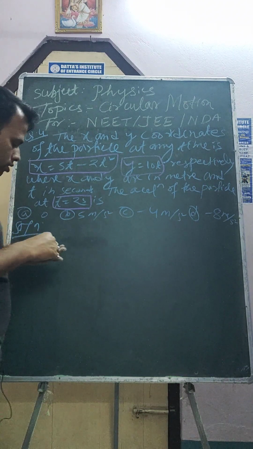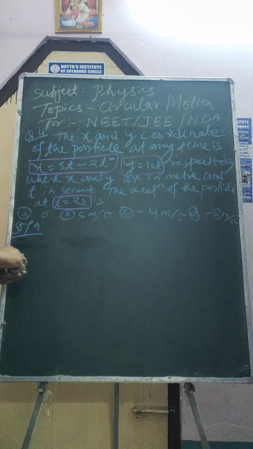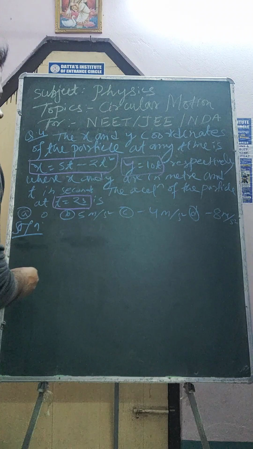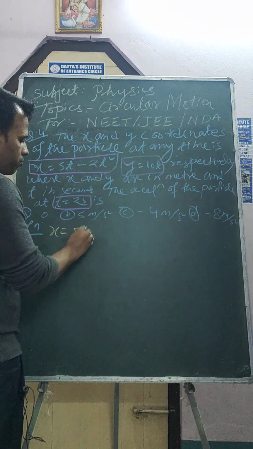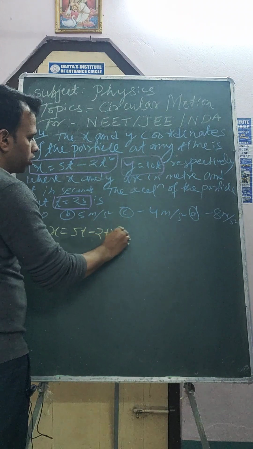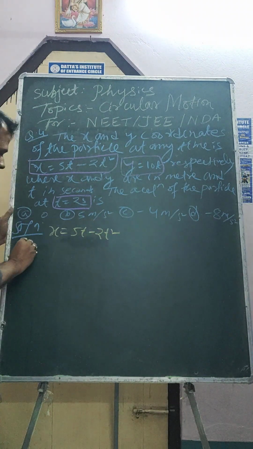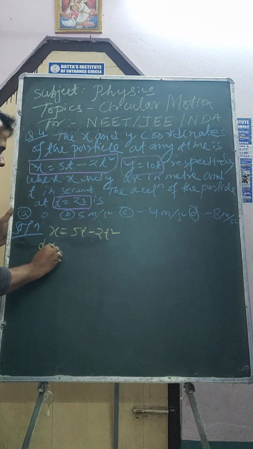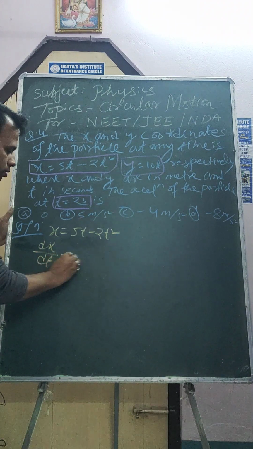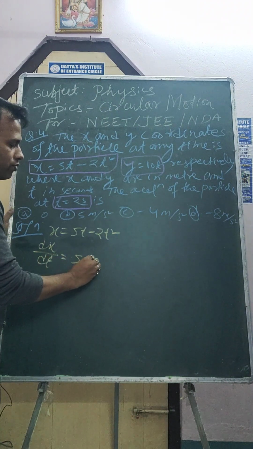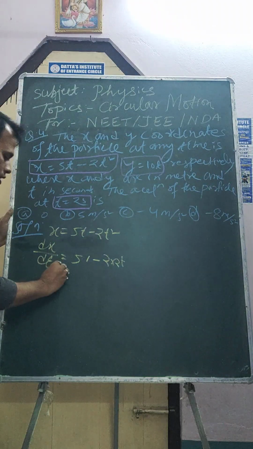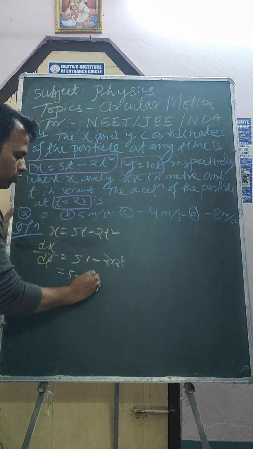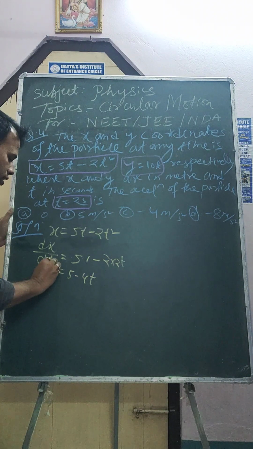Solution. What is given here? X is equal to 5t minus 2t square. If I differentiate this one, we will get the velocity, that is dx by dt will be 5 into 1 minus 2 into 2t. It will be 5 minus 4t, and we will get the velocity.